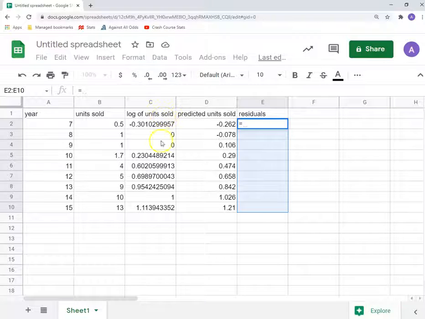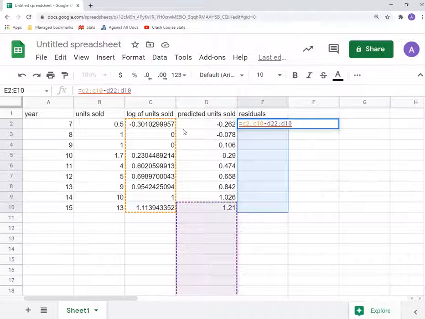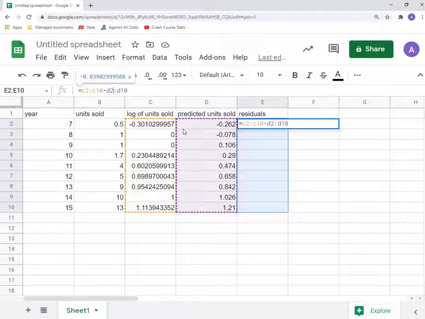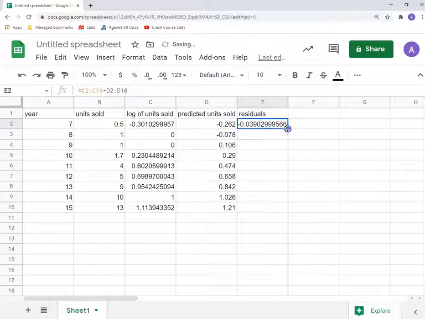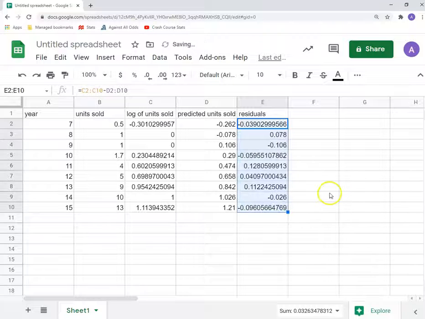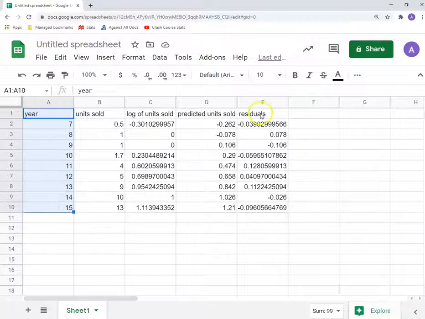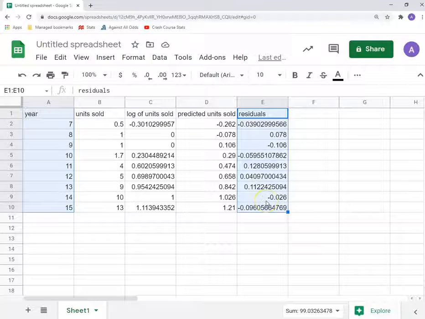So make sure you take your log of units sold minus predicted units sold. Not D22. There we go. And then for your residual plot, you would do year versus residuals.